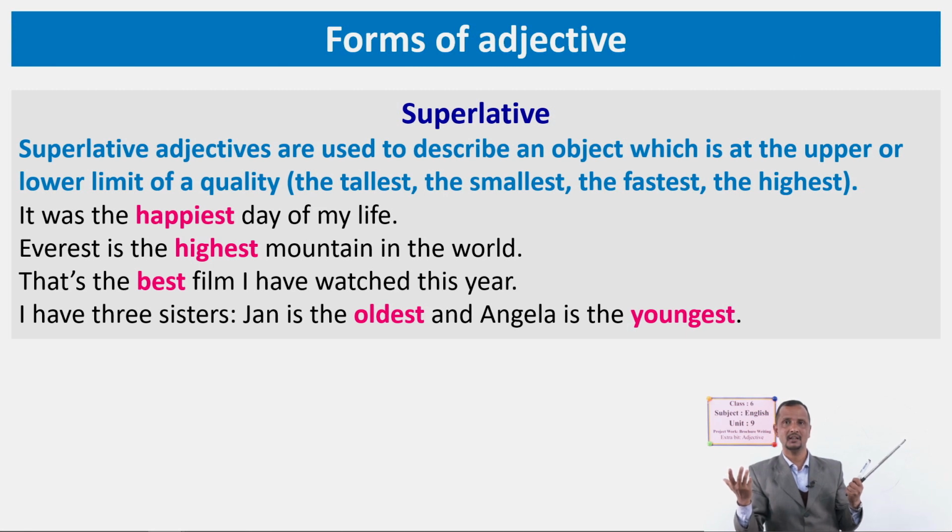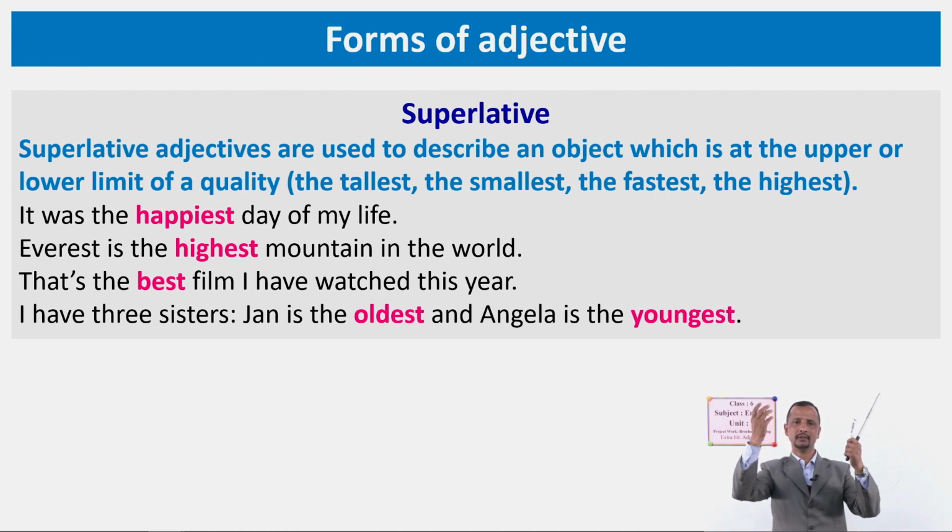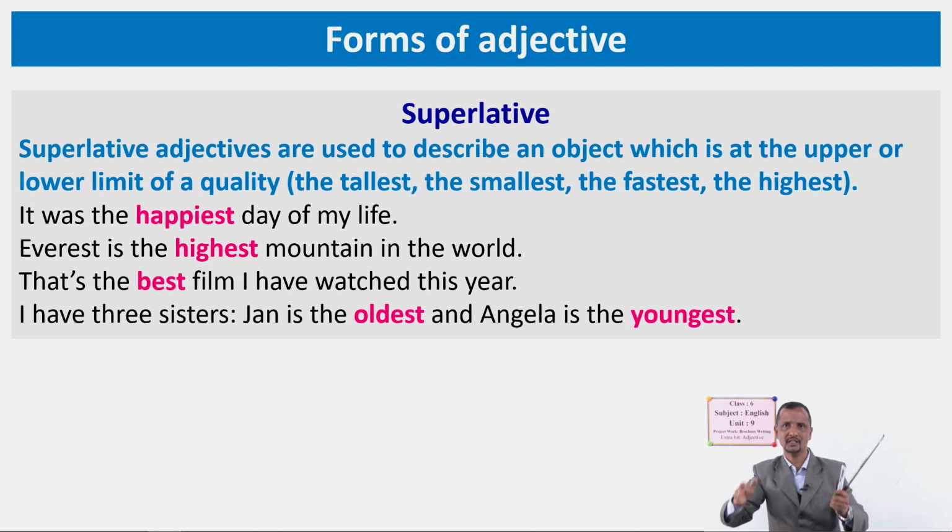Happiest day, at the higher point. Everest is the highest mountain in the world. Highest peak of the world. That is the best film I have watched this year. I have 3 sisters. Gianni is the oldest and Angela is the youngest. Oldest and youngest, the eldest or the youngest.